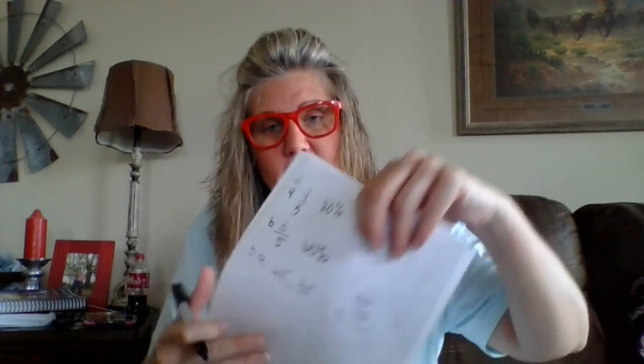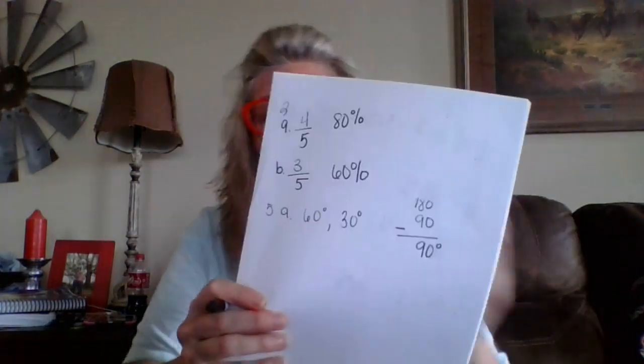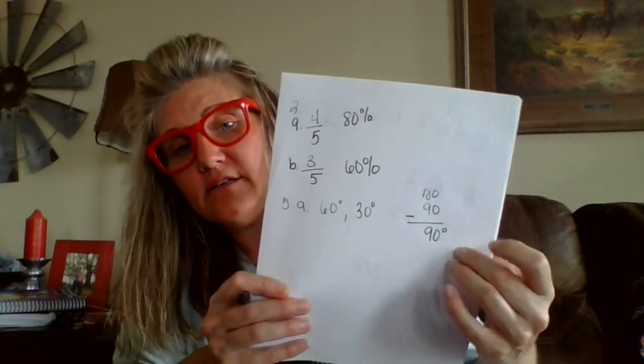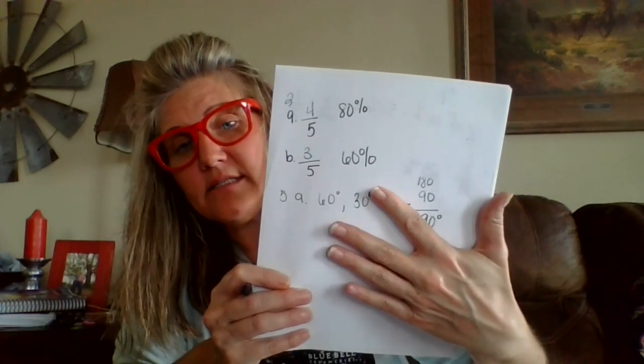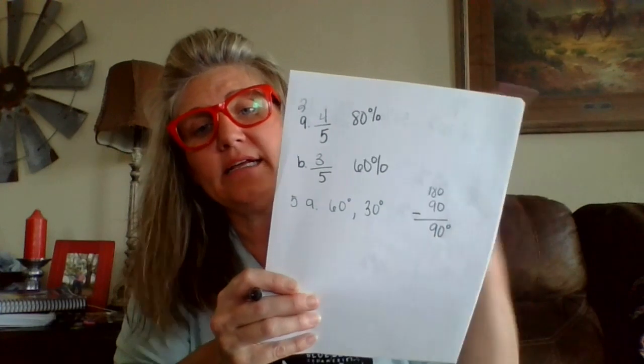So you would subtract 180 minus 90 to see what that third angle is. And that would be a 90-degree angle, because 90 degrees plus 60 degrees plus 30 degrees is going to give you 180 degrees. It all has to add up.